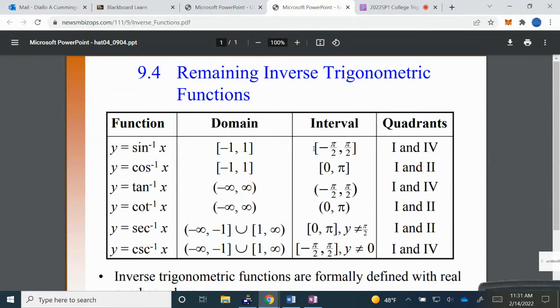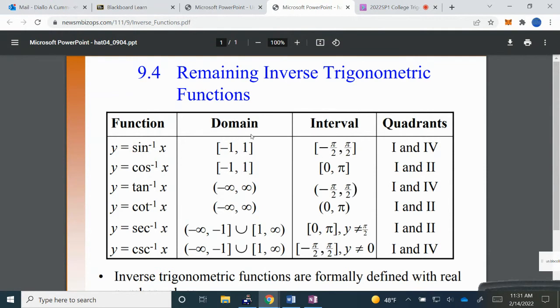Now what we have are the inverse functions. For example, the arc sine is found within the interval from -π/2 to π/2.